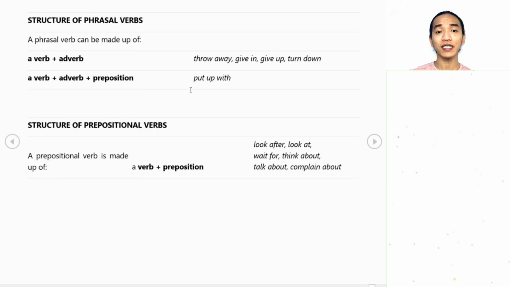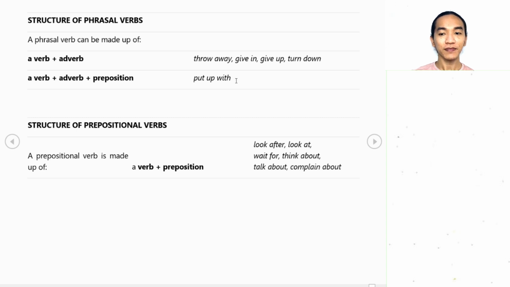In terms of structure, phrasal verbs can be made up of a verb plus an adverb, or a verb plus an adverb and a preposition. For example, throw away, give in, give up, turn down, put up with.